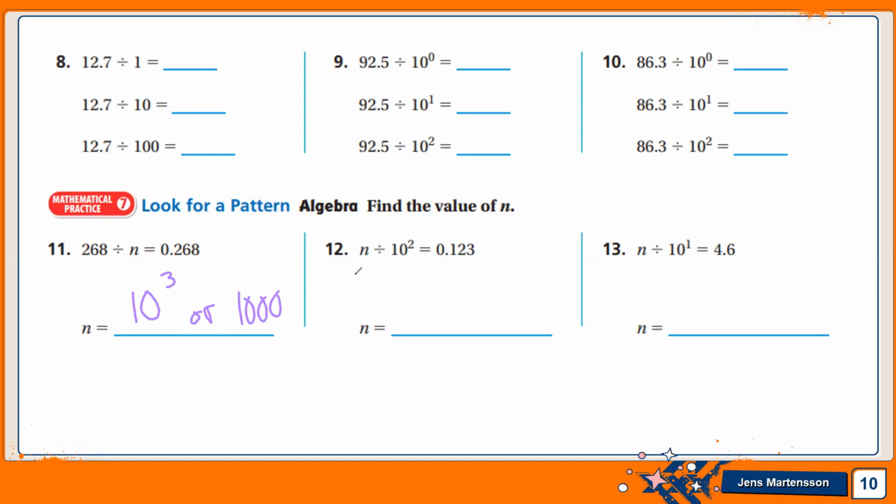So what was the original number? Here you have a number, you move it. See the numbers. 12.3. Bravo. What did she do?